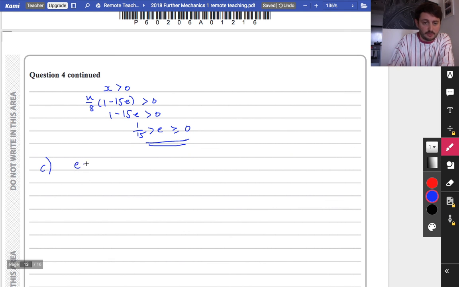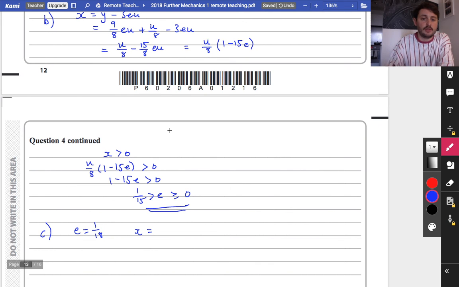First of all, they've told us that e is equal to 1 over 18, so really quickly I want to work out what x is equal to and what y is equal to. Notice that 1 over 18 is in this range, so actually P is still travelling towards the right. So we have u over 8, 1 minus 15 multiplied by e, which is 1 over 18. So let's just find out what this speed is. It's going to be so much easier than working with e.